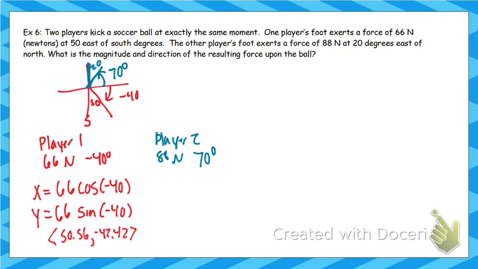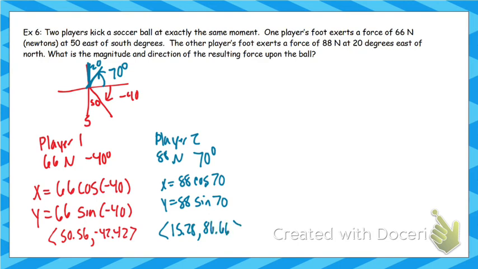Let's do player 2. 88 cosine 70, 88 sine 70. Plug them into a calculator. Now that we have our component forms, add them together.